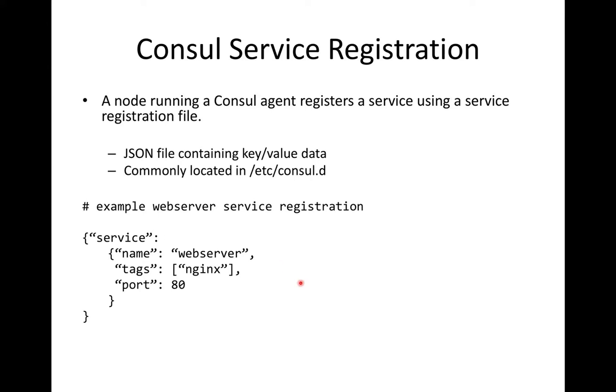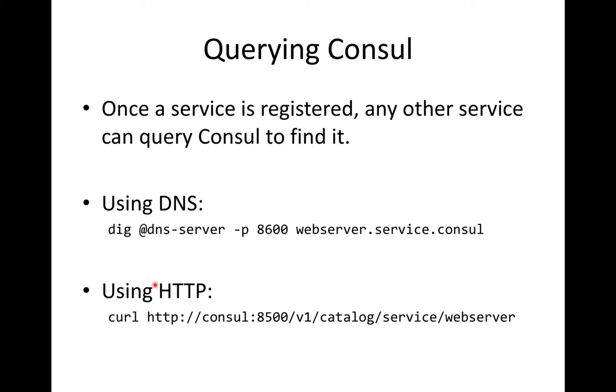So when our web server starts, we'll set up this JSON file, which gives Consul some information about our web server. Maybe this is something that a configuration management tool like Ansible has put in place for us. That'd be a really common way to do that.